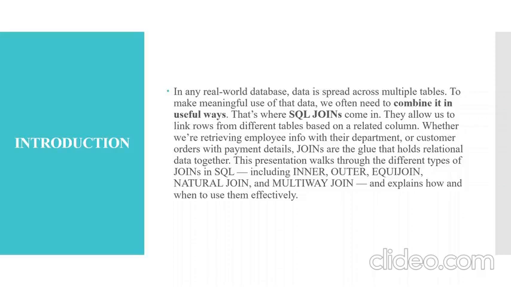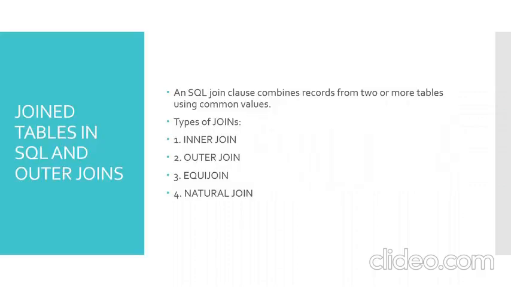This presentation walks through the different types of joins in SQL, including inner, outer, equi-join, natural join, and multi-way join, and explains how and when to use them effectively. So let's move to join tables in SQL and outer joins.